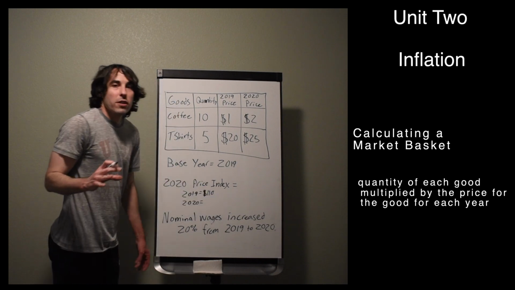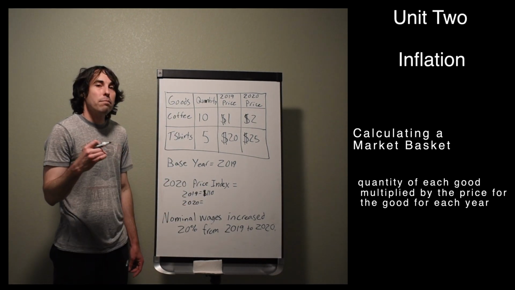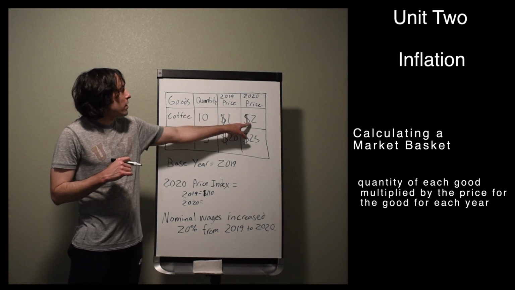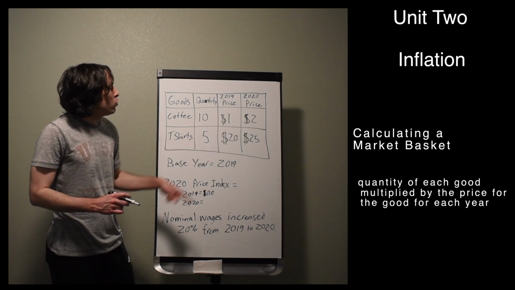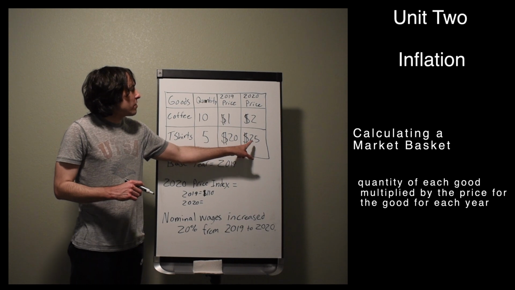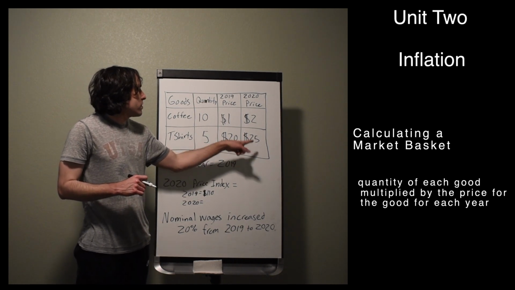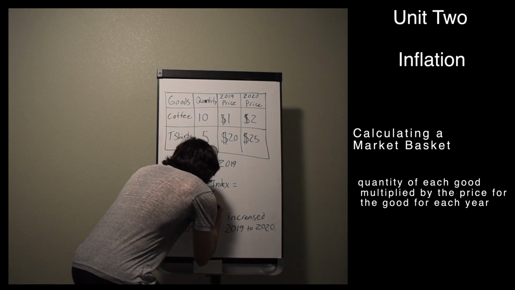That is the cost of a market basket in 2019, and now we've got to calculate the cost of the same market basket in 2020. So we're going to buy the 10 coffees again, but now the price is $2 because the price has increased since 2019. So 10 times 2 is $20, plus the 5 t-shirts times the new $25 price in 2020. So that is going to be $125 plus 20, that's $145.